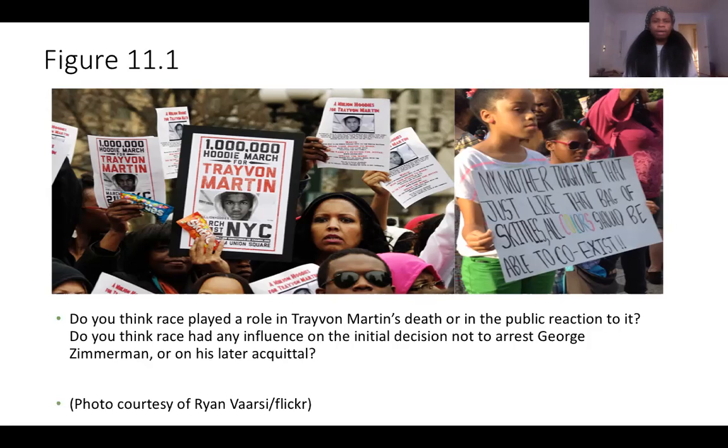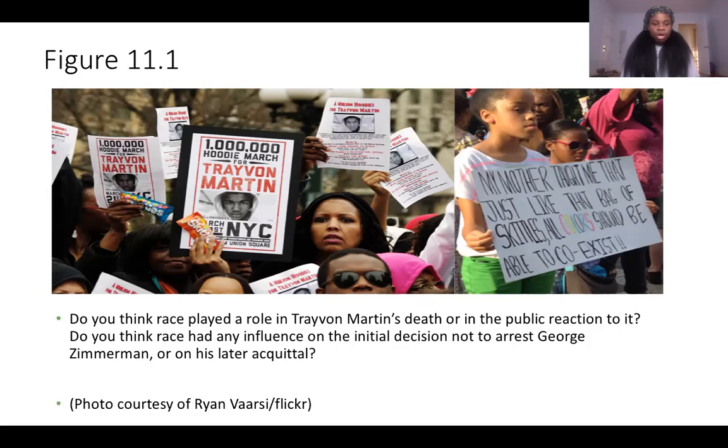For those of you who might be young, Trayvon Martin, remember, was a Black boy who was walking in his father's neighborhood in the late evening, and he was being followed by a man named George Zimmerman, who saw Trayvon Martin as suspicious.